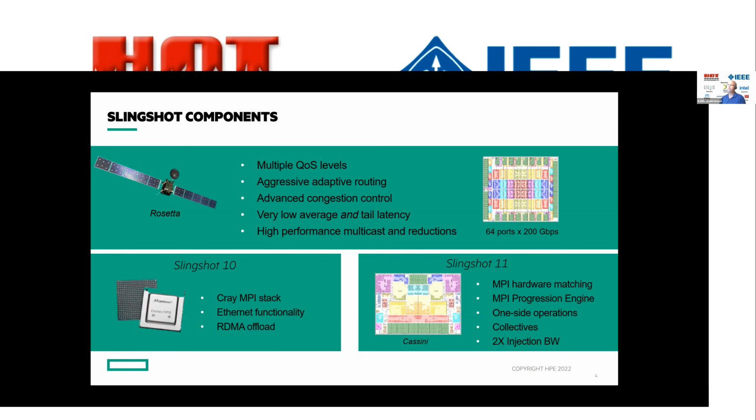That's now being upgraded to Slingshot 11 with all the other systems that we're doing. Slingshot 11 is a combination of our Cassini NIC, which provides MPI hardware, tag matching, progression in hardware, one-sided operations, and doubles the injection bandwidth of the network.